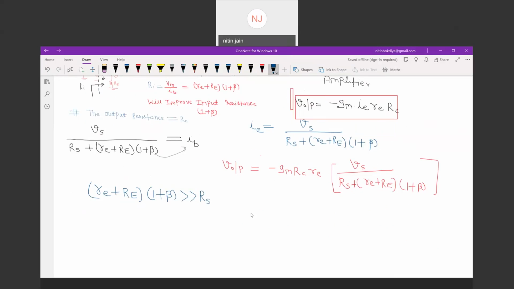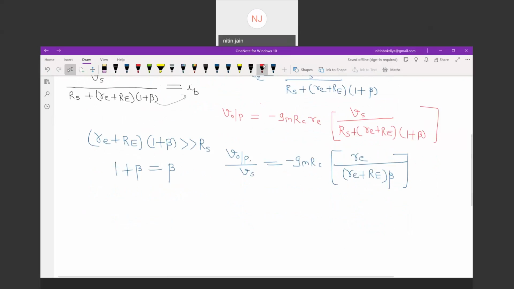So you can say V output by VS, the voltage gain, is given by minus GM into RC divided by RE divided by RE plus RE into beta, because 1 plus beta can be written as beta if beta is high. There is no issue in doing this.